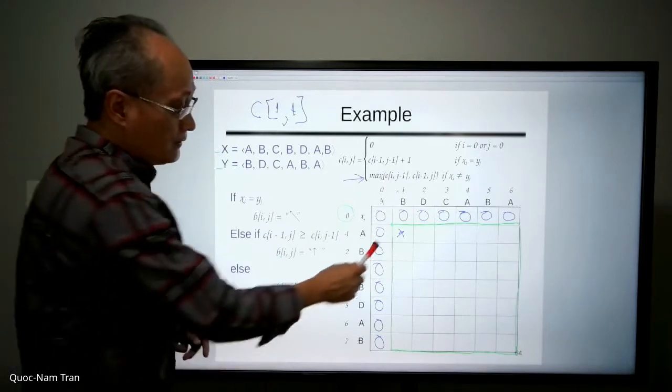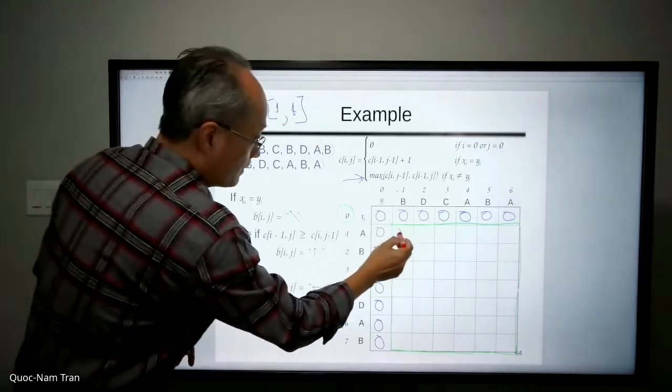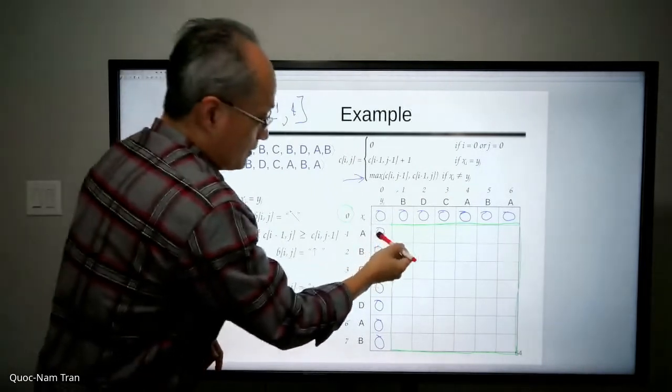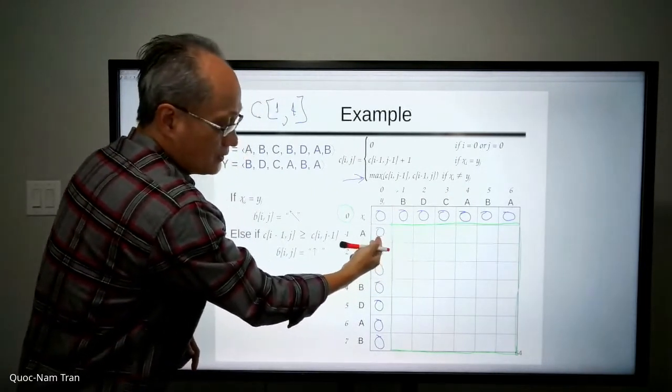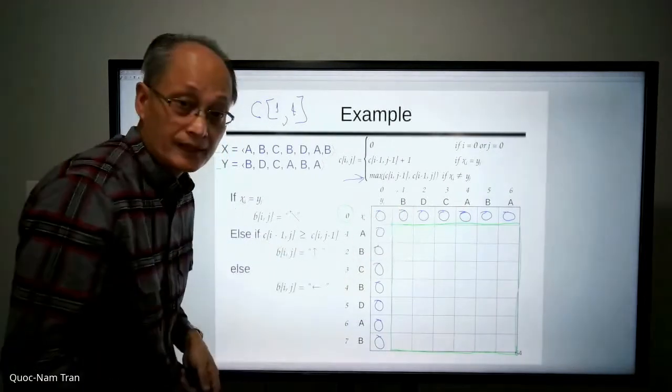In order to calculate this one, we have two options, one using the left and one using the upper.